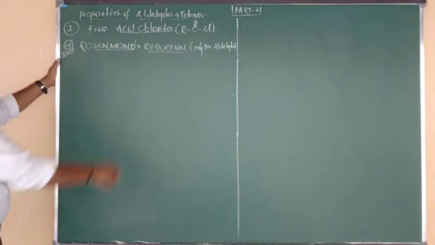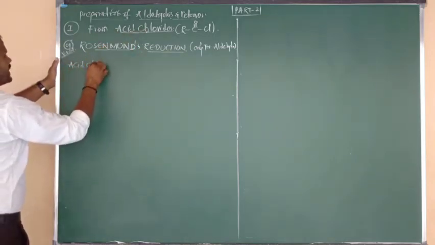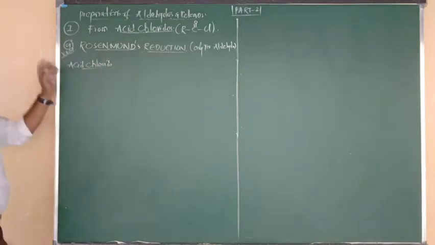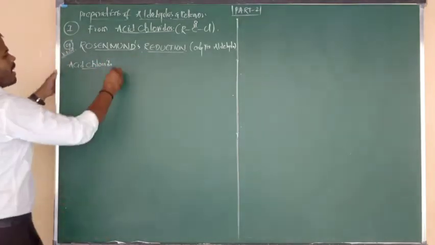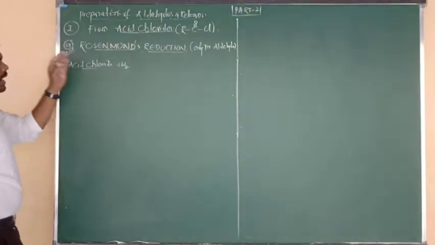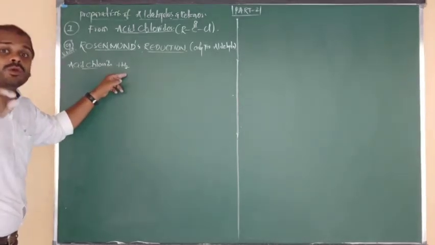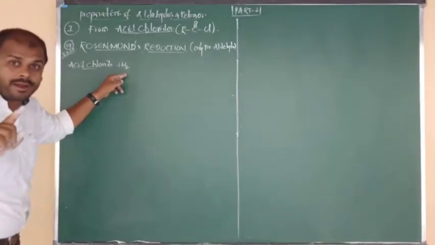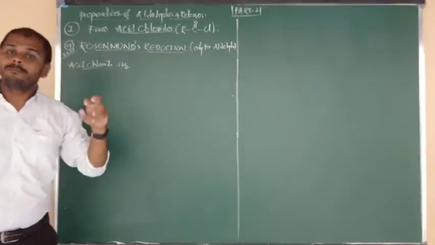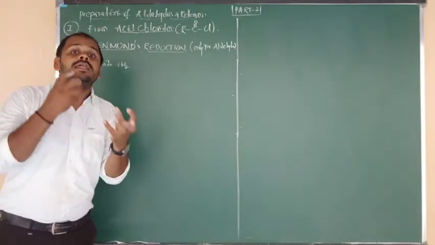First of all we have to consider the acid chlorides. Acid chlorides upon reduction, meaning upon addition of hydrogen, undergo reduction. Reduction takes place not by lithium aluminum hydride. Here in this specific named reaction we have to use a specific reducing agent.